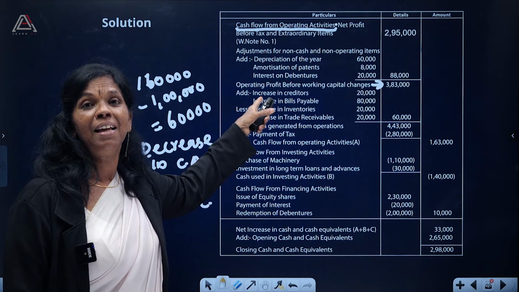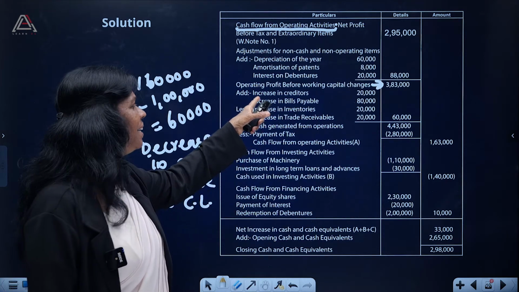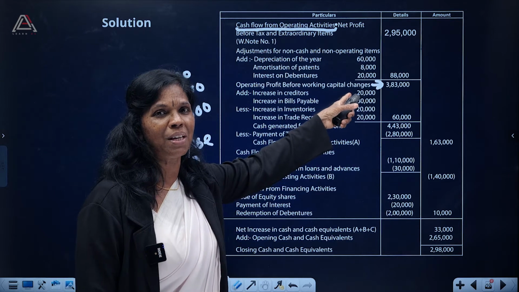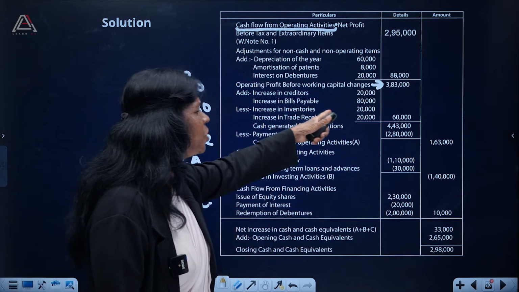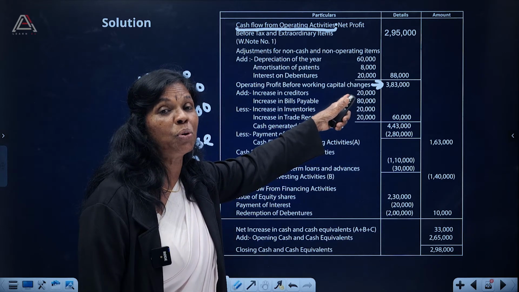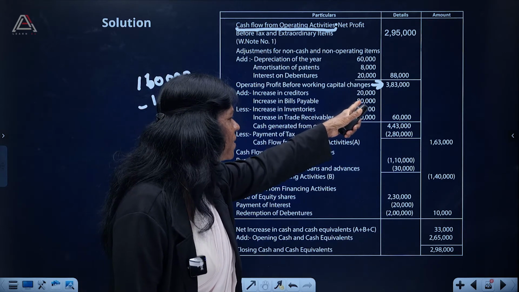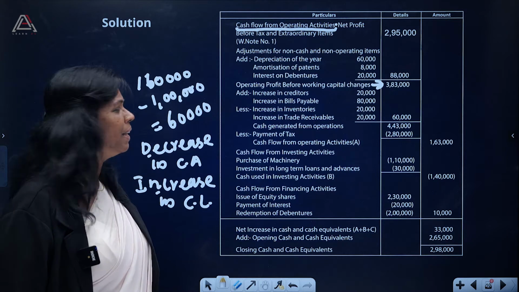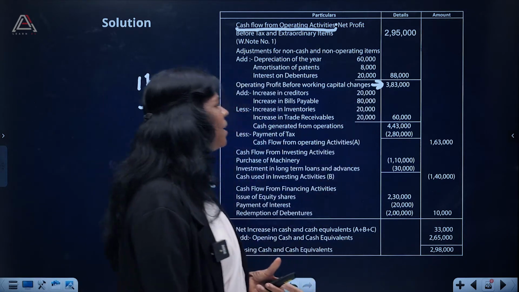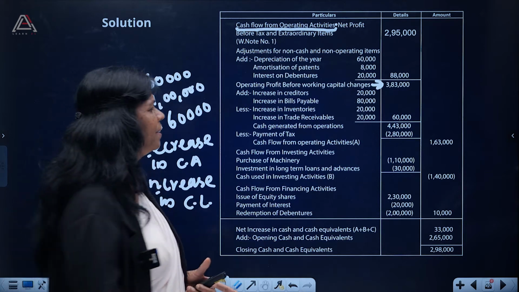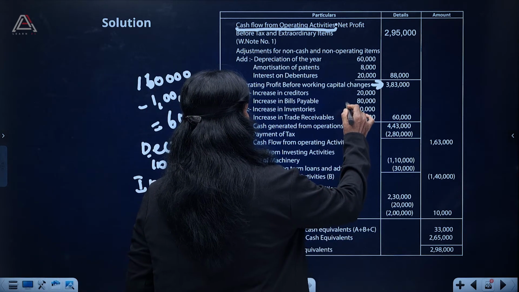Then increase in current liability is there. Increase in creditors, 20,000. Just before, I explained how this 20,000 was got. Then increase in bills payable, 1,20,000 and 2 lakh, the difference is 80,000. Then 20,000 and 80,000, how much is it? 1 lakh. This total is 1 lakh.